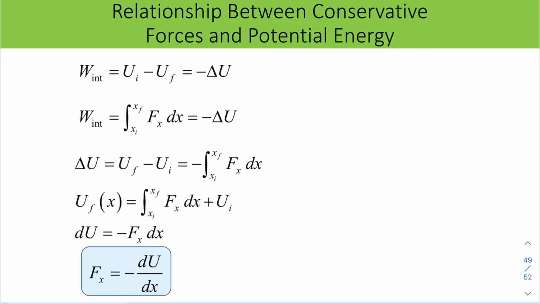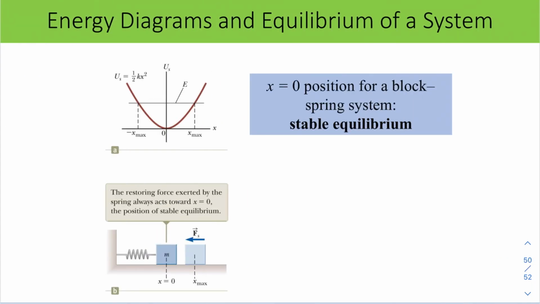So if we rearrange, the negative is brought here, and it can also be written in terms of this. Finally we can say that Fx is equivalent to negative dU over dx. What does that mean? F along x depends on the change in potential energy with respect to the position of the object.